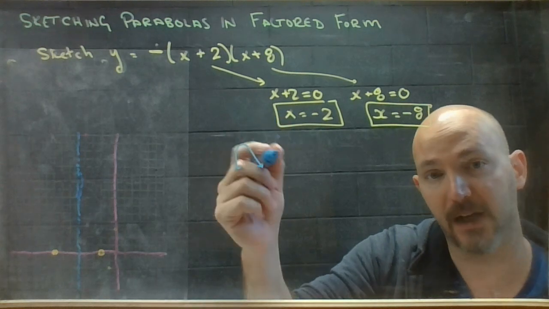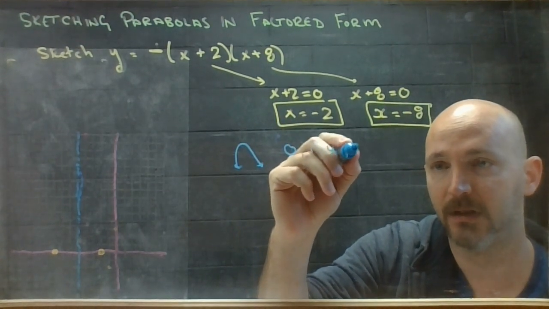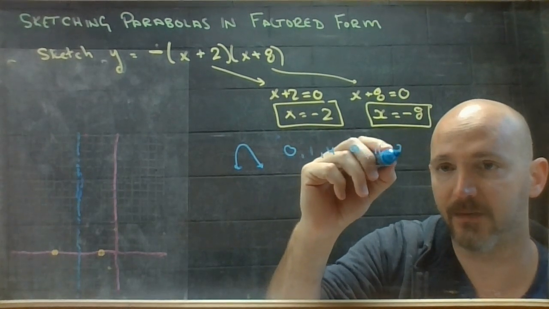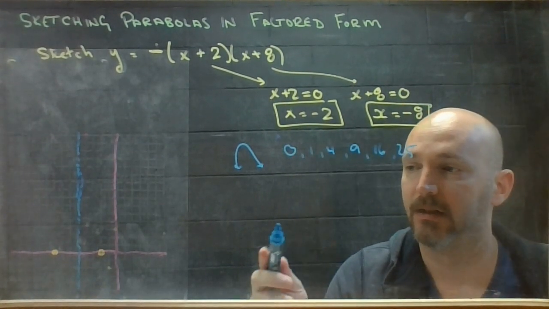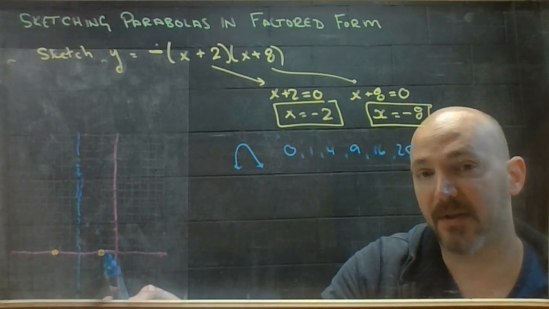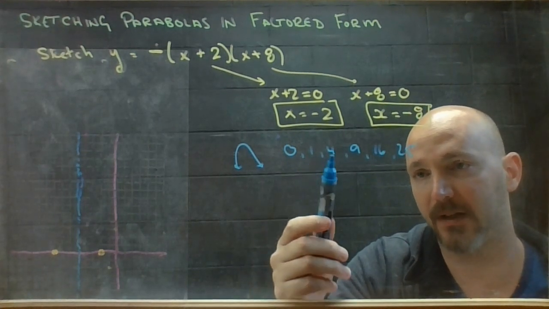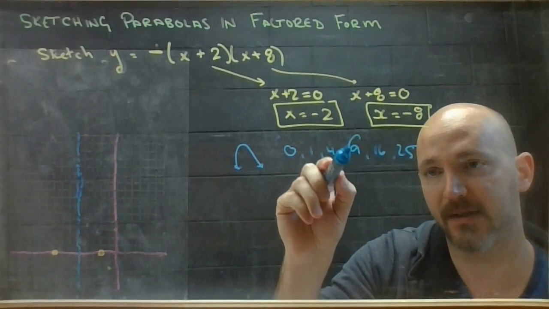I'm going to get my list of perfect squares again, 0, 1, 4, 9, 16, 25, etc. These dots are 3 steps away from the vertex, so that's on the vertex, 1 step away, 2 steps away, 3 steps away. This is the one I need.